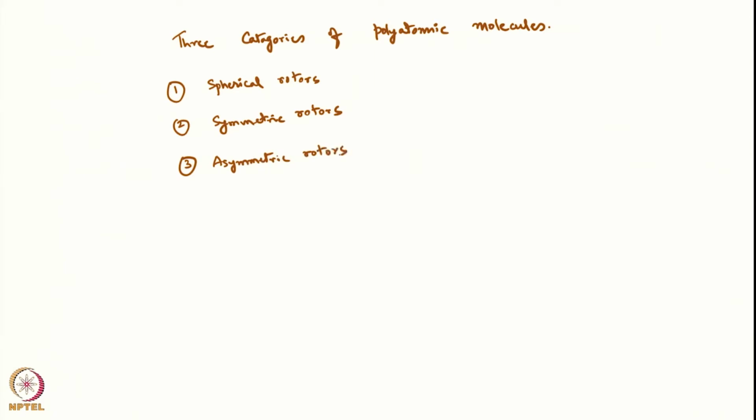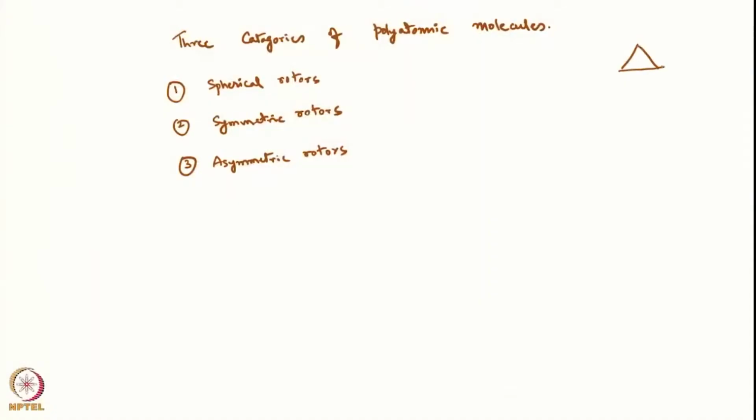Now, one of the analogies that I can give between spherical rotor, symmetric rotor and asymmetric rotors is in terms of triangles. Think of it in terms of a triangle. There are three sides A, B, C. And correspondingly one could have three different rotations.